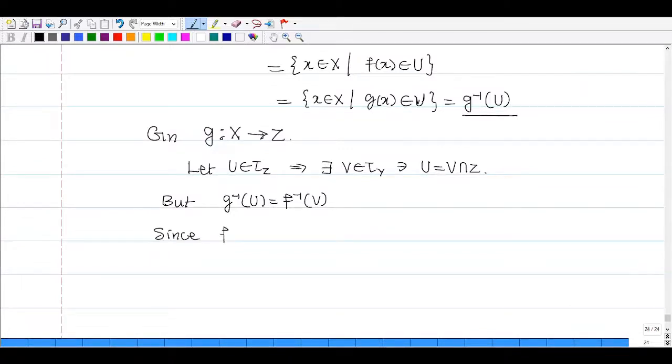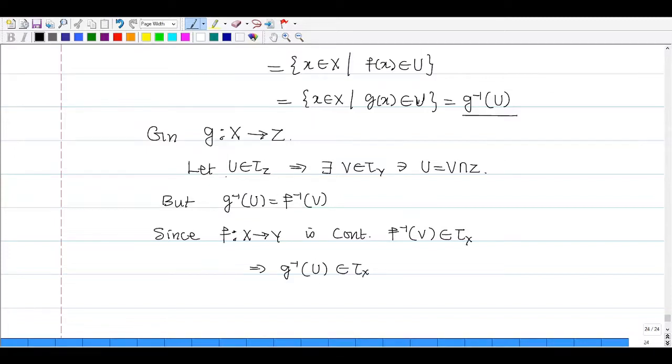f from X to Y is continuous, okay, this f inverse of V இது எதுல இருக்கும்? Open in tau X. So this implies that g inverse of U belongs to tau X. Okay, and U எங்க எடுத்துறீங்க?